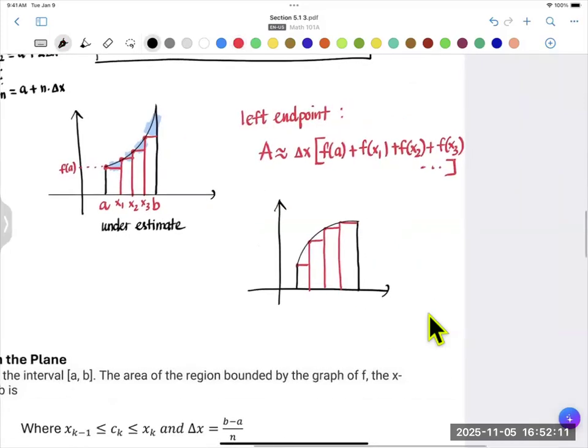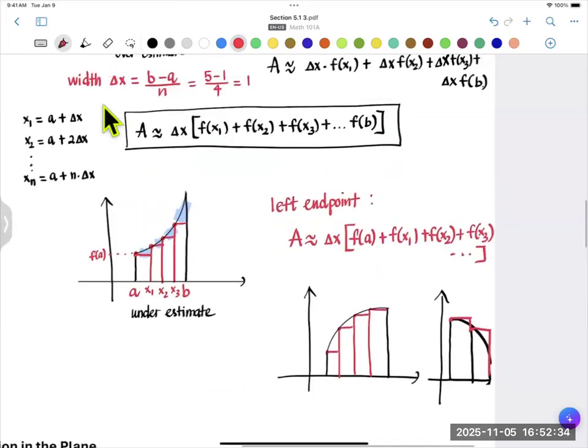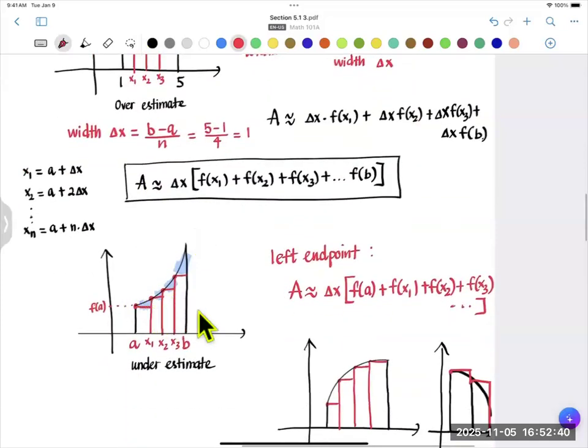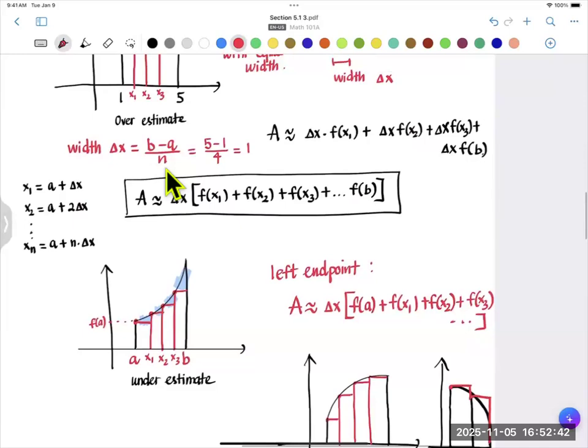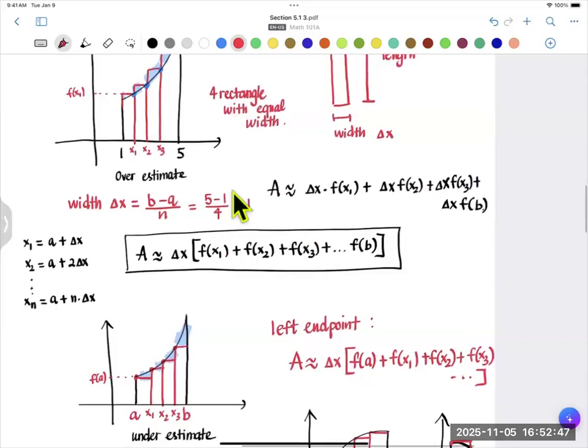But if you have the graph like this, okay, and you use left endpoint, you will overestimate. Okay, so whether it's an underestimate or overestimate is actually based on the concavity of the graph. But anyway, no matter whether with left endpoint or right endpoint, you will still have some error of approximation.